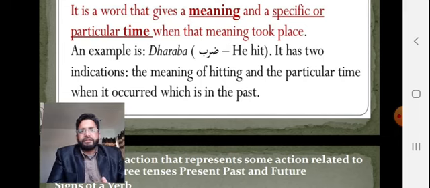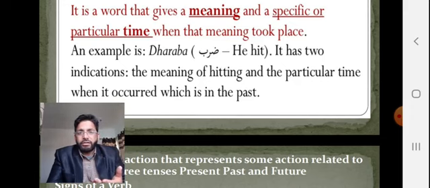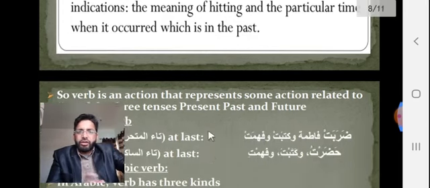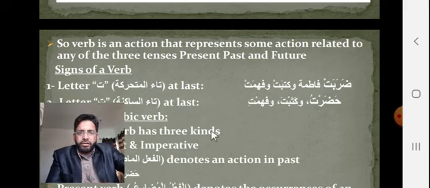If I say yadribu, he is hitting, it also has two indications. One is hitting, number two, the particular time is the present tense. Yadribu, he is hitting, so there's a time and that's the present tense. So this is the main distinction of a verb, and that's time.